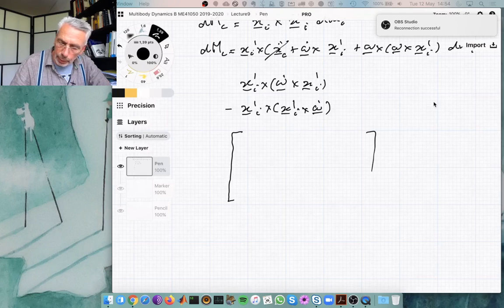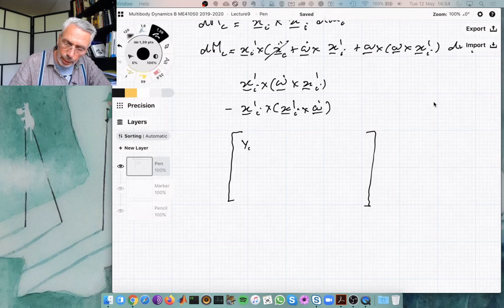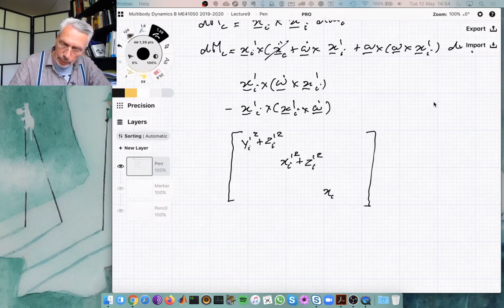In matrix form, it has the following structure. You get yi prime squared plus zi prime squared, and then here we get xi prime squared plus zi prime squared, and here we get xi prime squared plus yi prime squared.